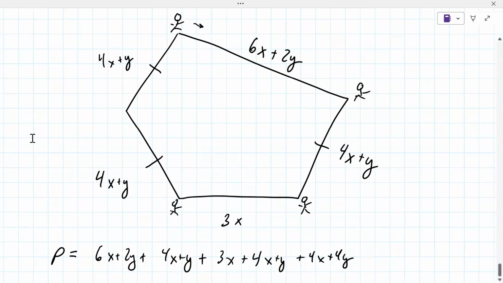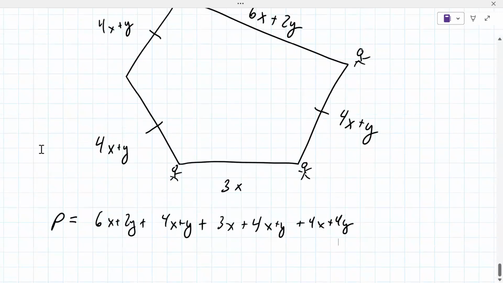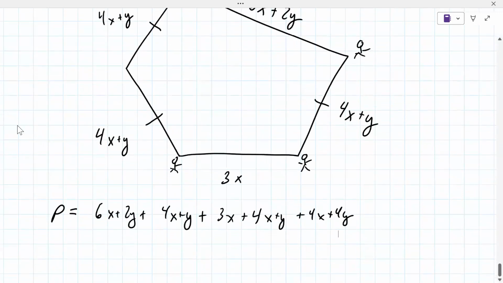Okay. Now you've got to add these up. You got to combine like terms. You've got to combine all the x's and then all the y's. 21x plus 8y.